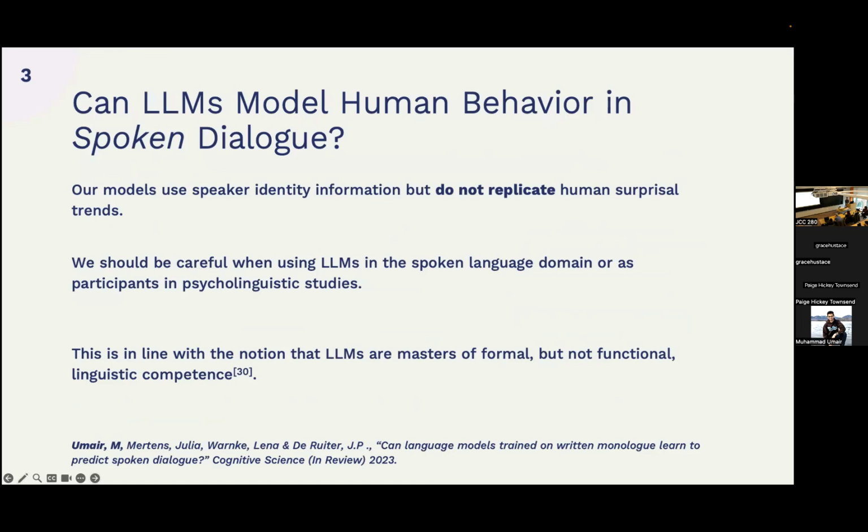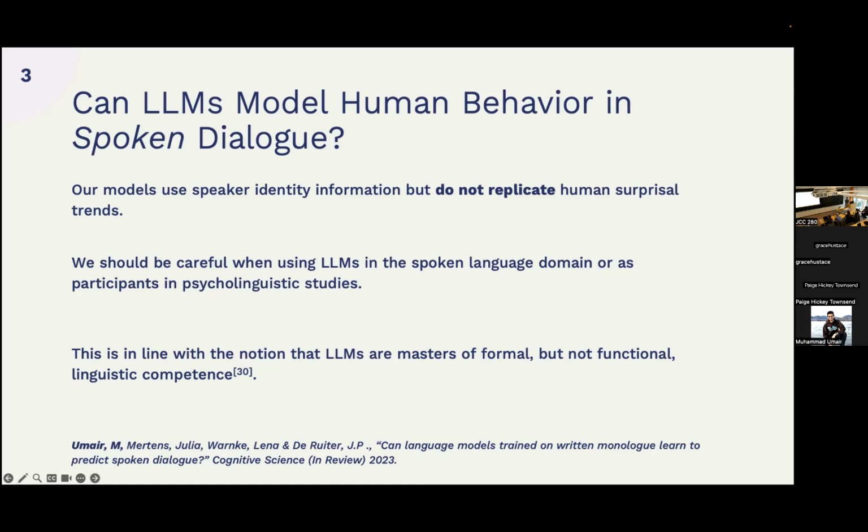And we conclude that the models do not replicate human surprisal trends using multiple analyses that are in the paper, which is currently under review. And what we take away from this is we shouldn't use large language models as models of spoken language or as participants in a psycholinguistic study to actually study human communication mechanisms.